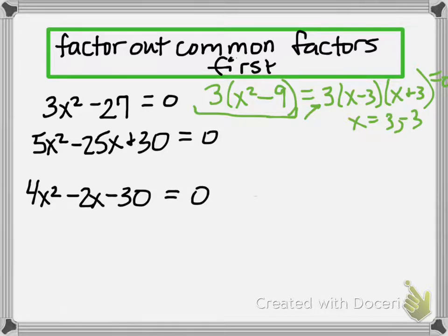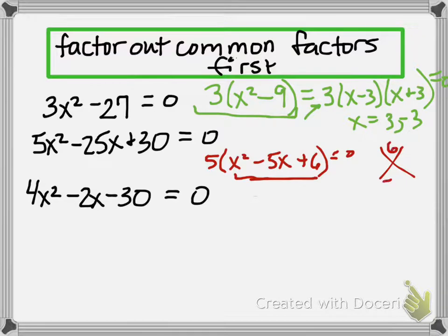Okay, let's take a look at this next one here. If you look at 5x squared, 25x, 30, I see a factor of 5 that I could factor out. So I'm going to factor out a 5 out of the whole trinomial first. And when I do that, what I have in here is a simple diamond problem that I could factor real easily with just a little diamond.